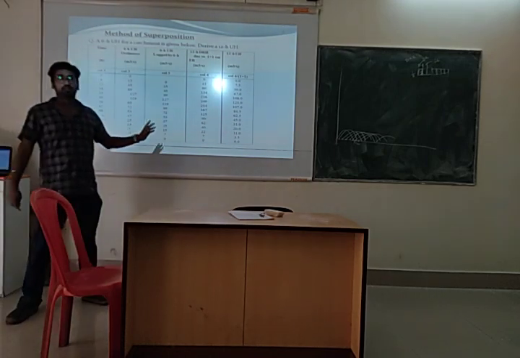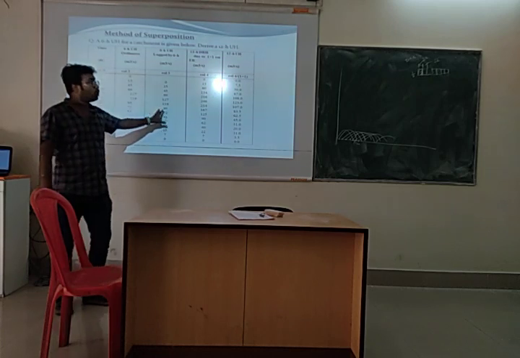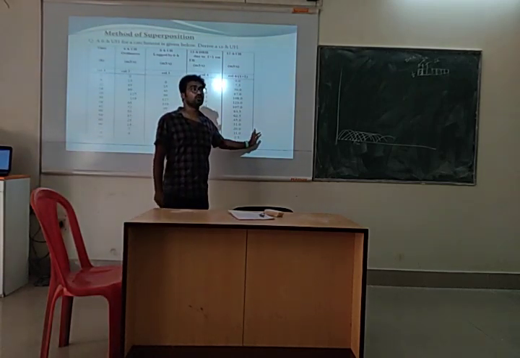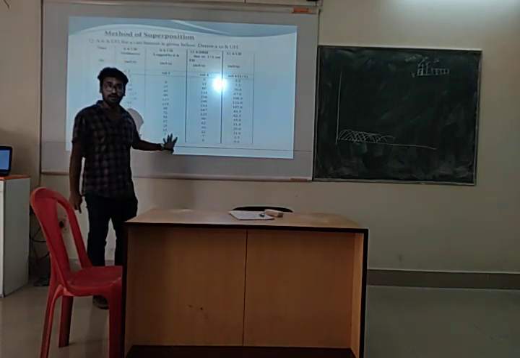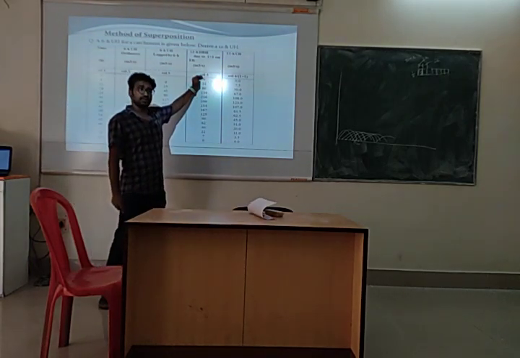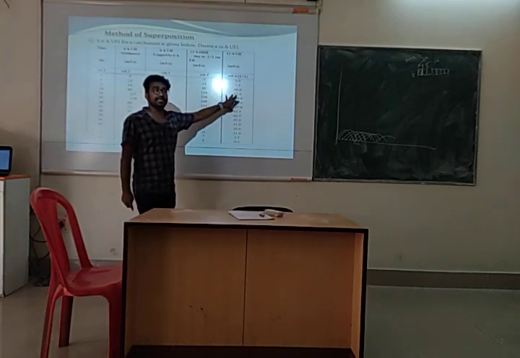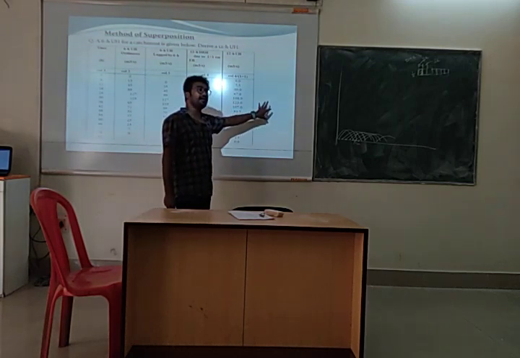Suppose imagine the same case, not stopping at 12 hours, but continuously happening. So what will you do? 6 hours of precipitation unit hydrograph, then again 6 hours of unit hydrograph lagged by 6 hours, then again, and so on.